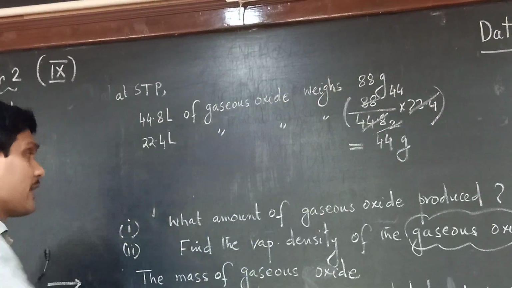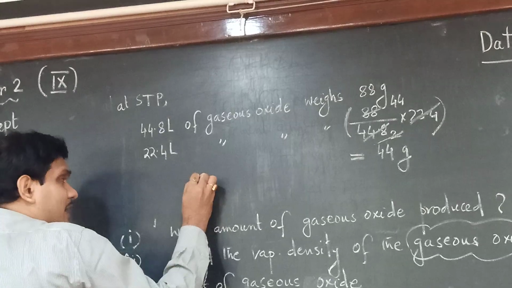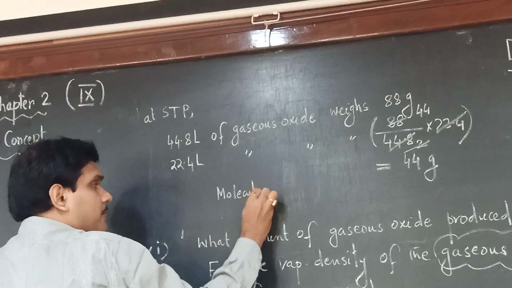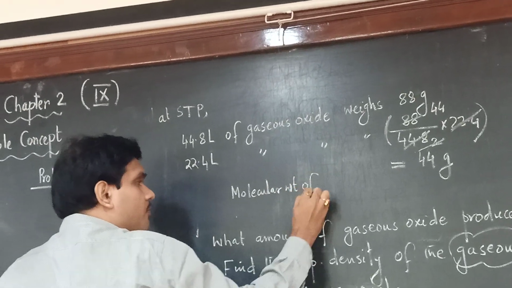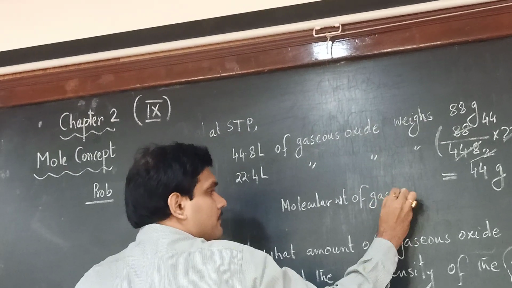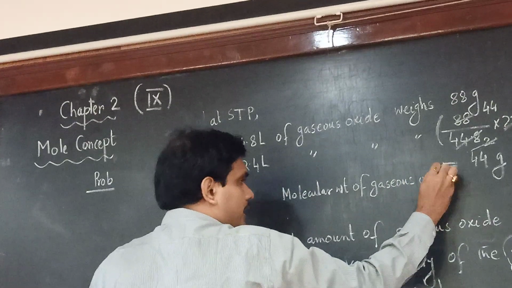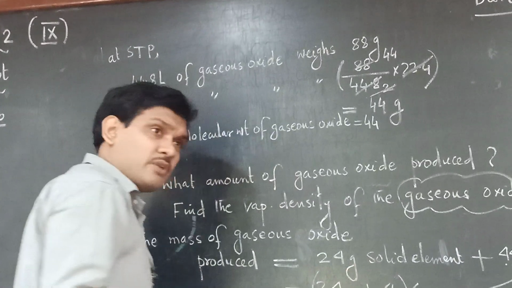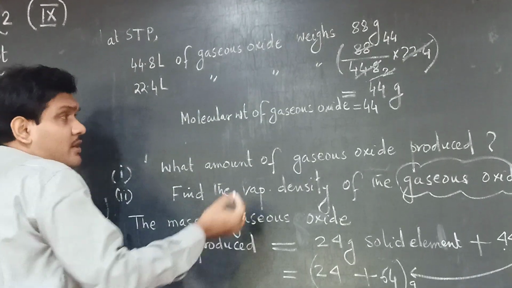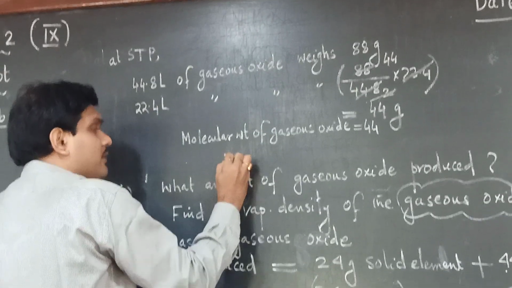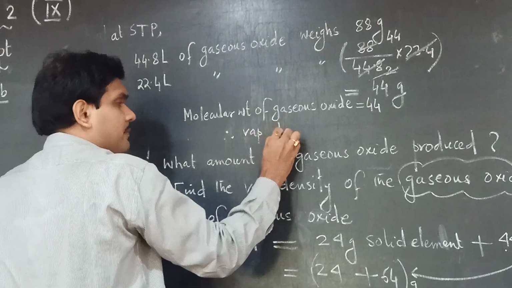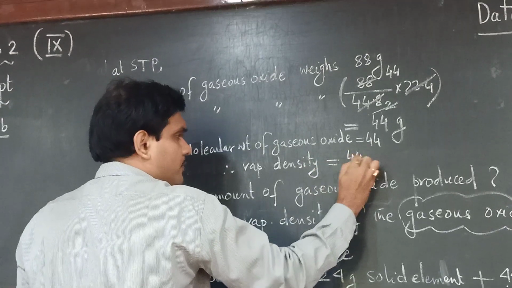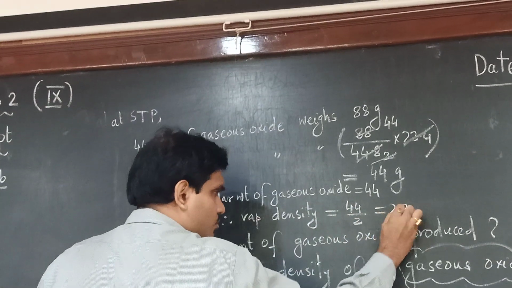So the molecular weight of the gaseous oxide is equal to 44, and since it has the molecular weight 44, the vapor density is equal to 44 by 2, that is 22.